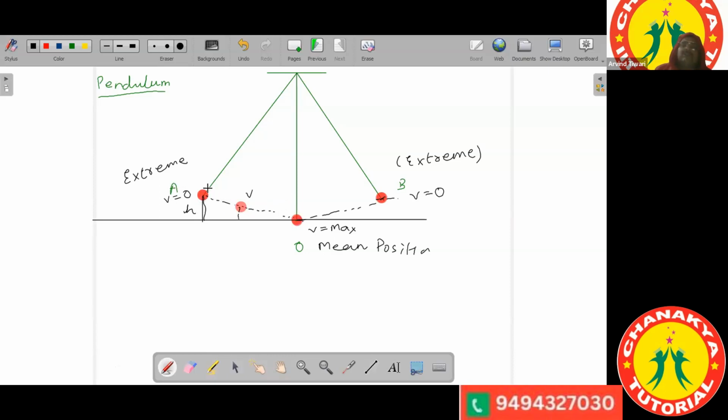So if we talk now in terms of energies, when the bob is at the position A, there is a net displacement along the gravity, right? So it has displaced through a height h.